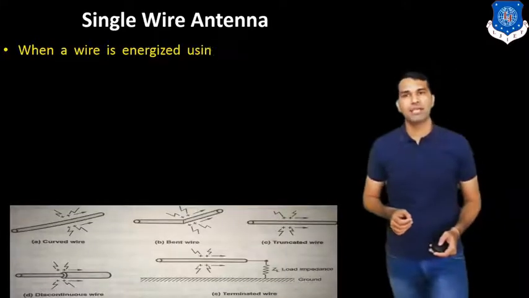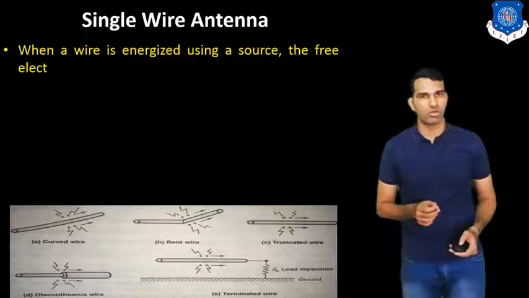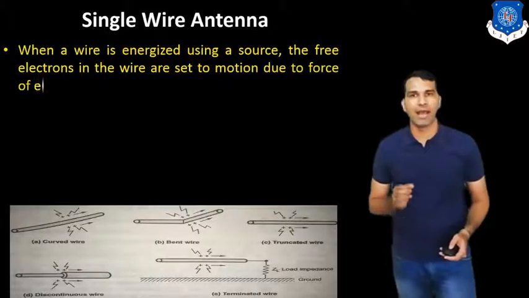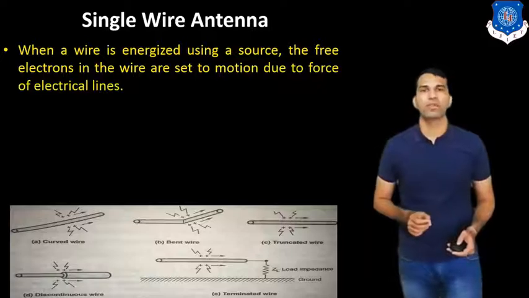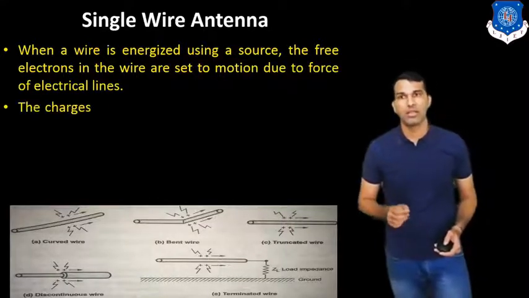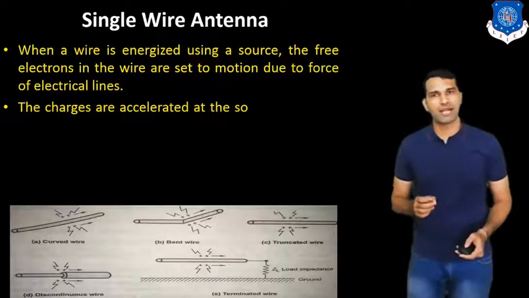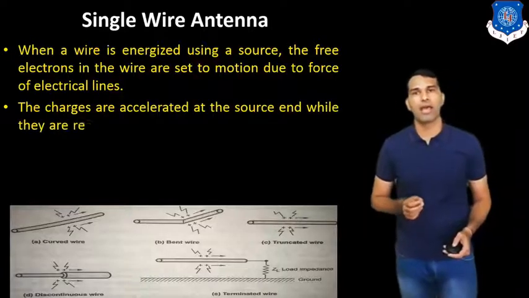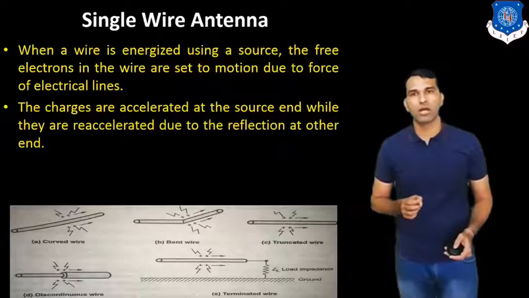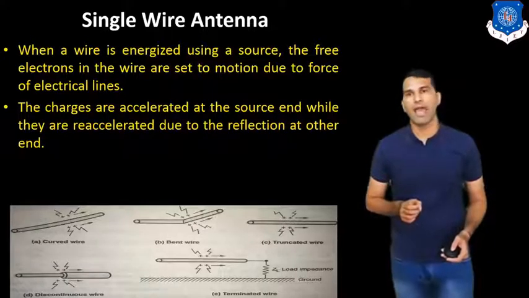When the wire is energized using a source, the free electrons in the wire are set in motion due to the force of the electric lines. The charges are accelerated at the source, and they are decelerated due to reflection at the other end.